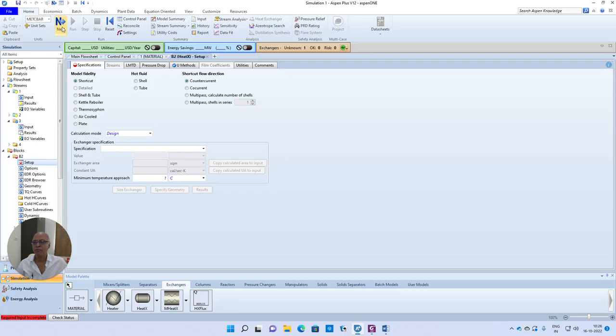Go to the next. Now, there are several options you can verify. In fact, you will be able to access the exchanger design and rating by selecting the shell and tube. We will be able to do only shortcut design without going into the shell and tube exchanger design and rating part. And you can also do some calculations with this.